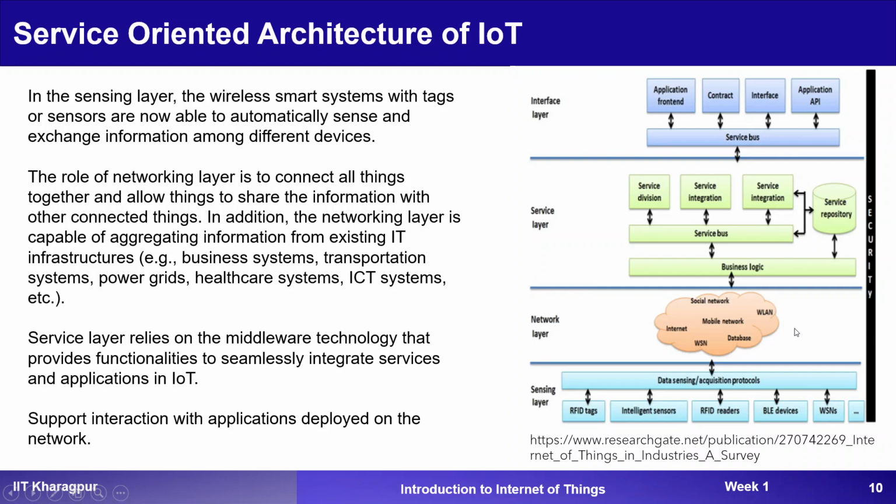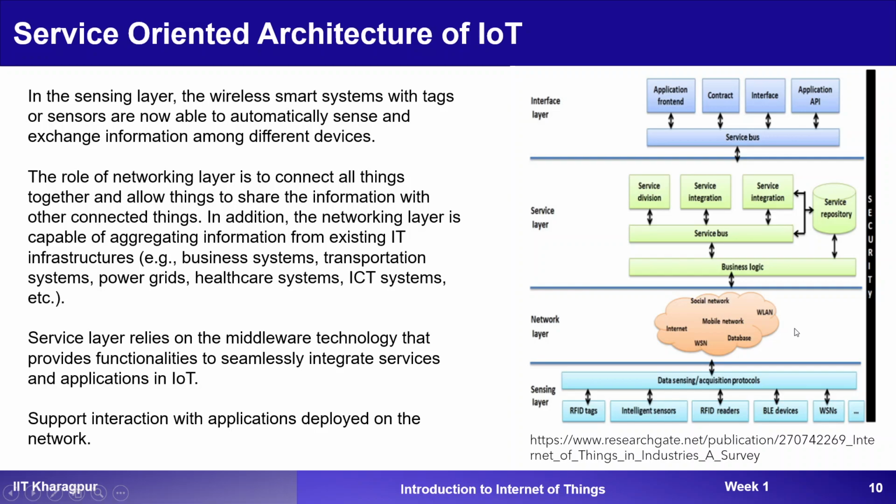The service can be monitoring the health of the machine or anything. So this layer is responsible for providing those services to the end user. And here the service bus is responsible for interconnecting different services to the application layer.